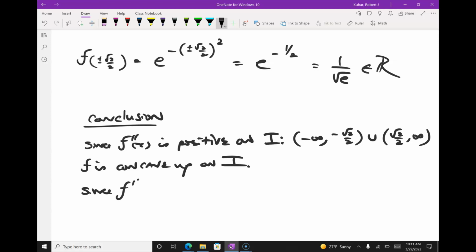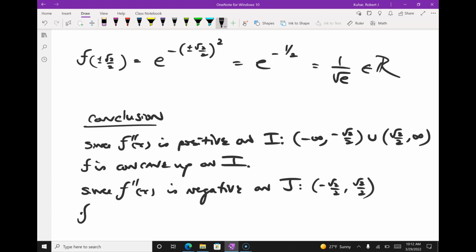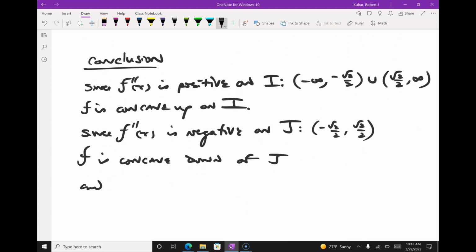Since f double prime of x is negative on the interval J from minus rad 2 over 2 to rad 2 over 2, f is concave down on J. And 0, 1 is a local max, because 0 is in that interval and it's concave down, so I must be at the top of a hill.